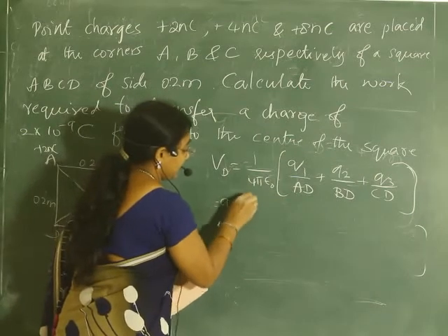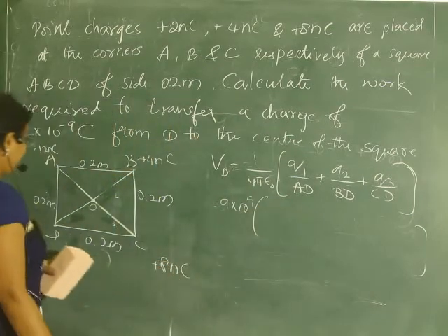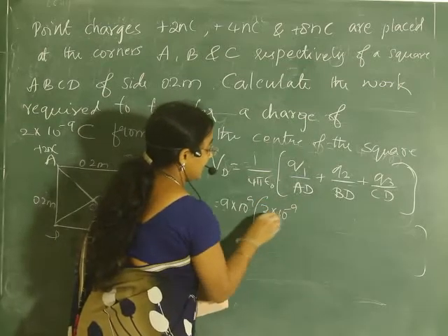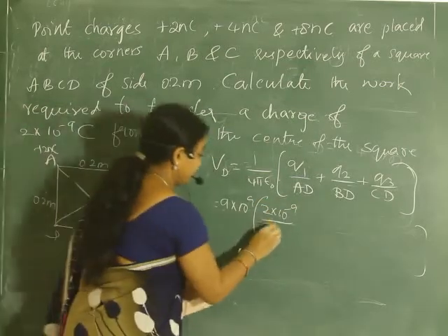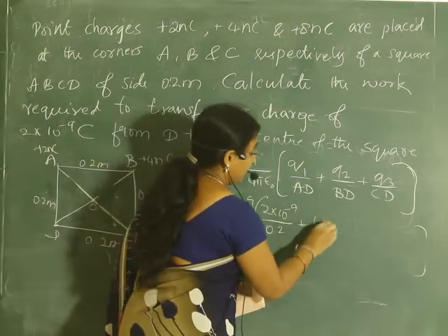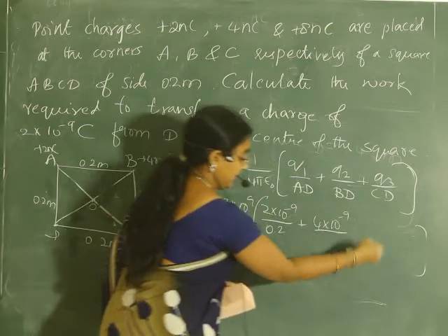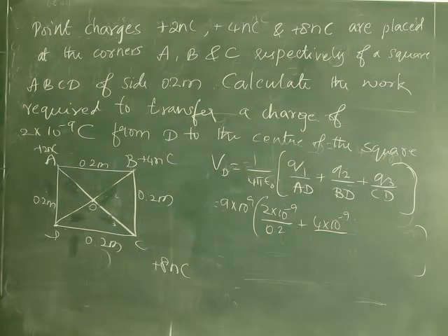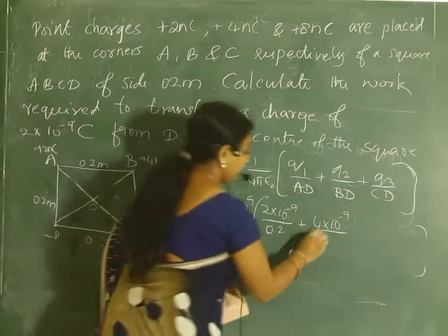9 into 10 to the power 9. Q1 is how much? 2 into 10 to the power minus 9 divided by 0.2, plus Q2, 4 into 10 to the power minus 9 divided by, what is this distance? 0.283, something you got, correct? 0.283 meter.